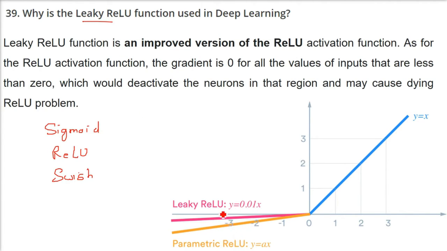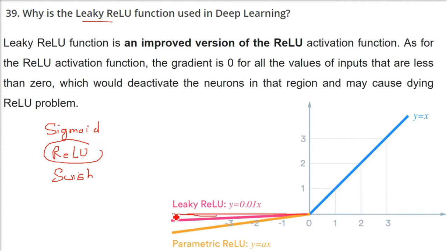What is the difference? In the ReLU activation function, the gradient is 0 for all input values that are less than 0. This is the ReLU function, meaning all 0 on the left side, that is the negative x-axis. You get values only on the positive x-axis. So this would deactivate the neurons in that region and may cause the dying or decaying ReLU problem.